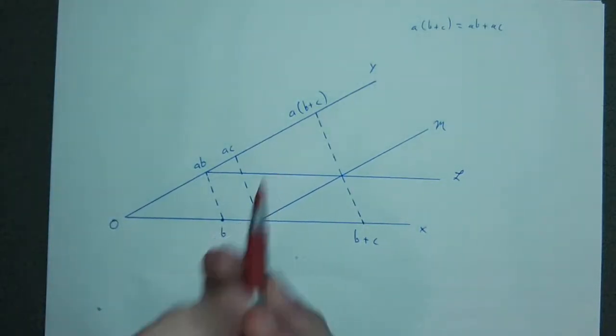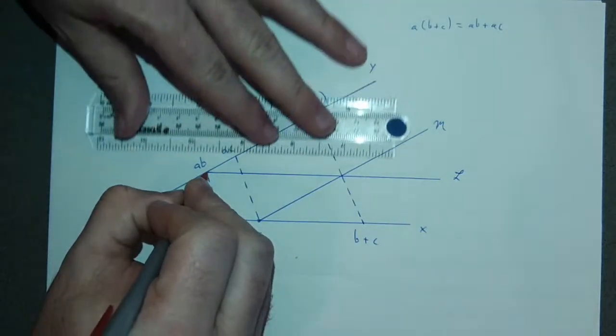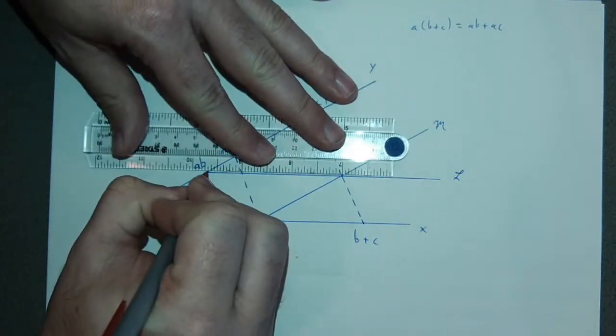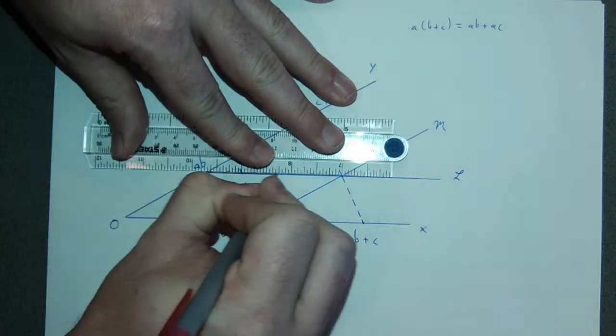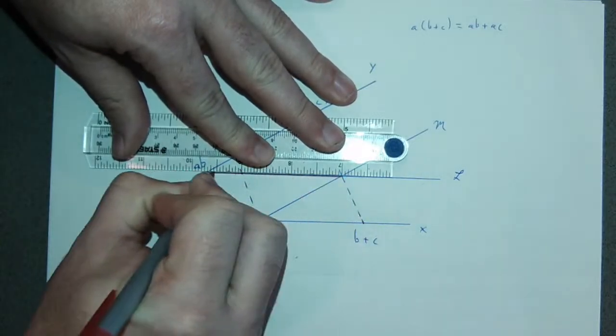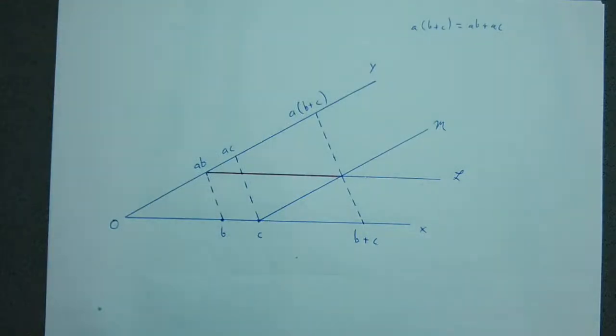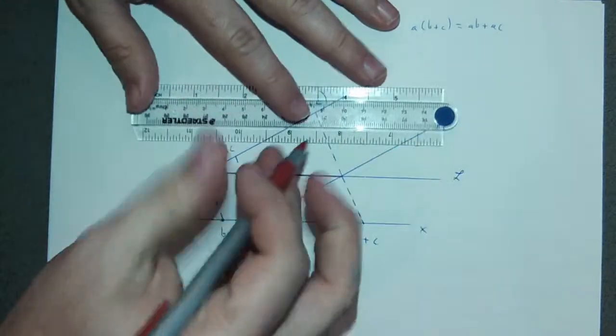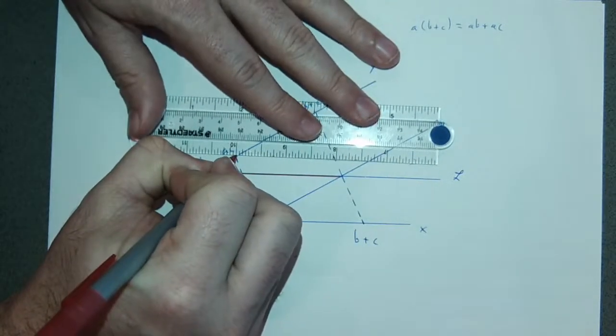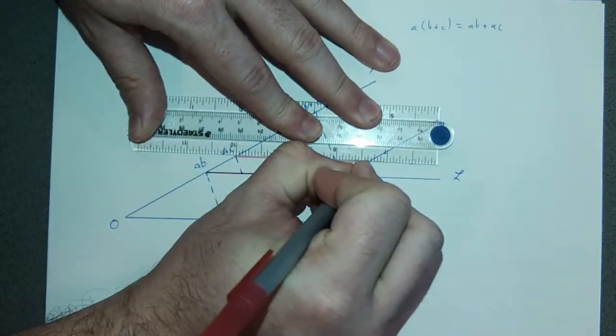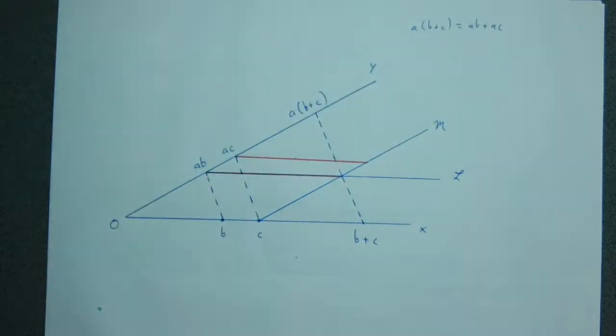I'm going to take this red pen and I'm going to highlight this part of the line L. And I'm going to draw this construction line from AC to M that is parallel to it. Okay. So now to construct AB plus AC, what do I do?